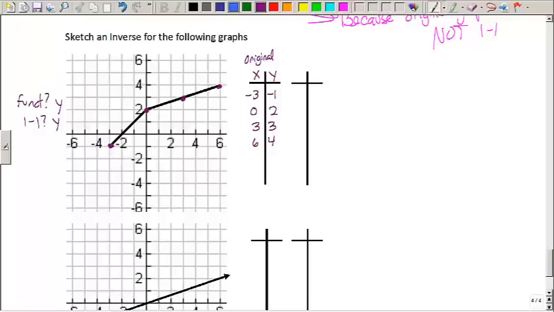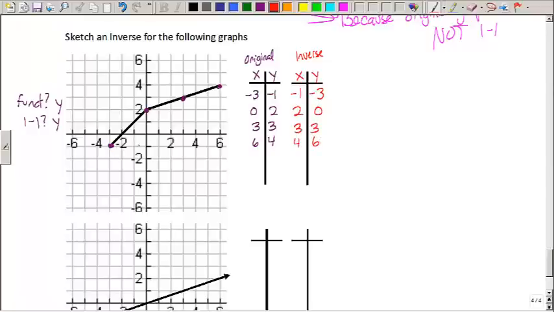Now I'm going to try to graph the inverse. In order to graph the inverse, I'm going to use the step where I interchange my x and my y. My domain becomes my range, and my range becomes my domain. So I have (-1, -3), (2, 0), (3, 3), and (4, 6).